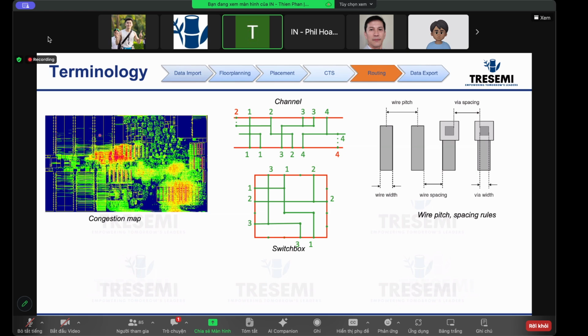The blue is good, the green is bad, and the red is really, really bad. The goal for routing is that we don't want to see red. We want to see a few green, but not red, so mostly blue, a few green. Red is very much trouble. Whenever you see red, we're in trouble.